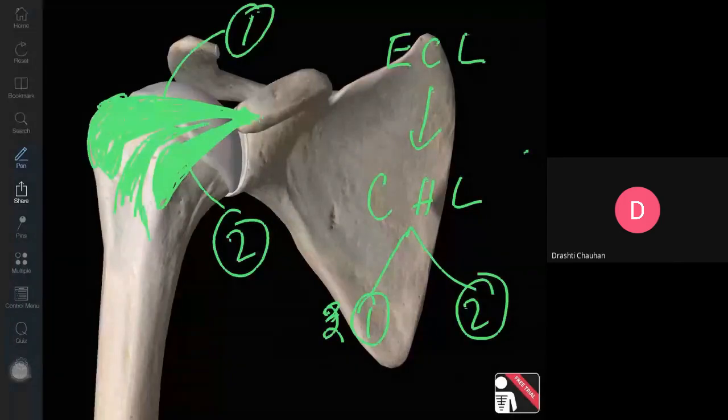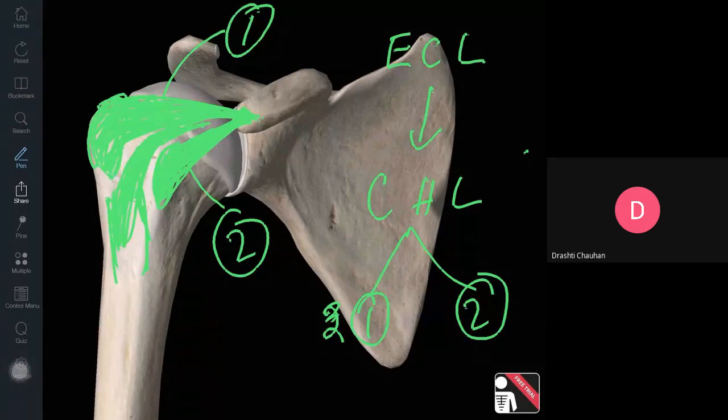It comes like this. Clear? This gap serves as a tunnel for the long head of biceps. The biceps tendon comes in between these two extracapsular ligament bands. Clear?